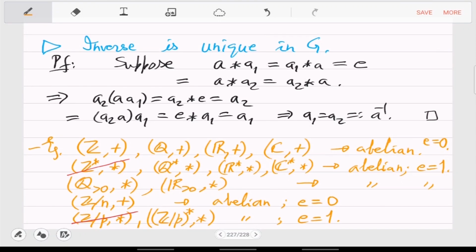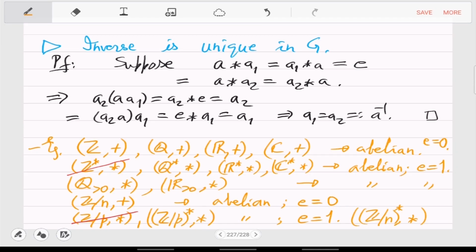And same thing you can do with any Z mod n, right? Z slash n, comma star, if I want to see it as a group, I should do what? I should do a star, where now this is not just removing 0, this is actually the co-prime numbers, right?